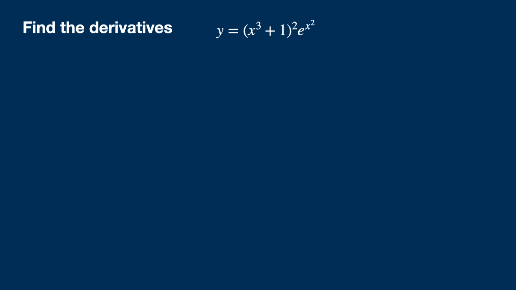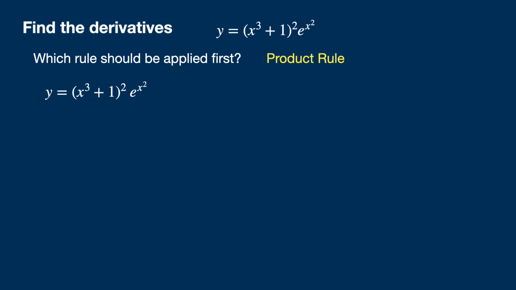function, guys. y equals (x cubed plus 1) squared times e to the x squared. First thing you have to think about is which rule you're going to apply first. What do you think? We're going to apply the product rule first, guys. Why? Because this is a product of two functions.